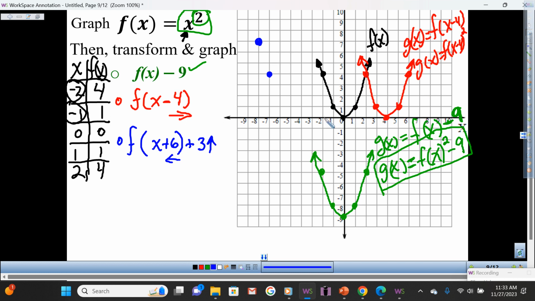Next one, left 6, up 3. And the last one, left 6, up 3.